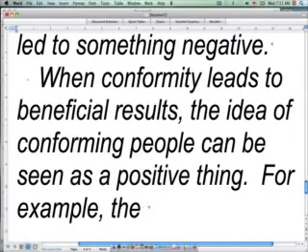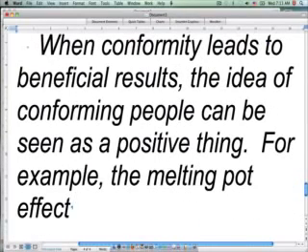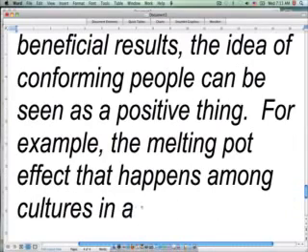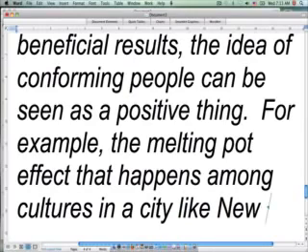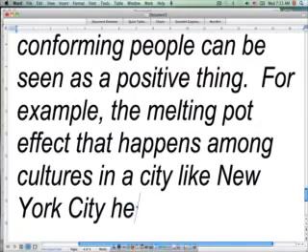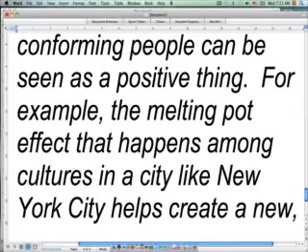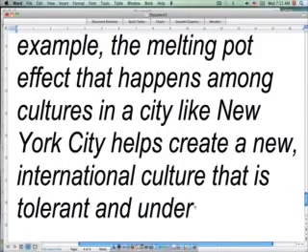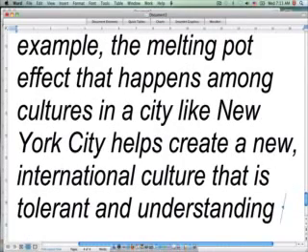So for example, the melting pot effect that happens among cultures in a city like New York City helps create a new international culture that is tolerant and understanding.